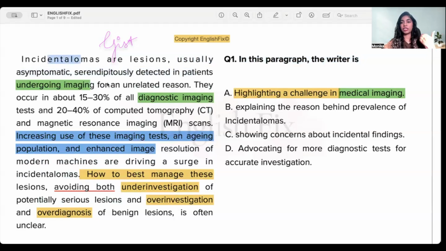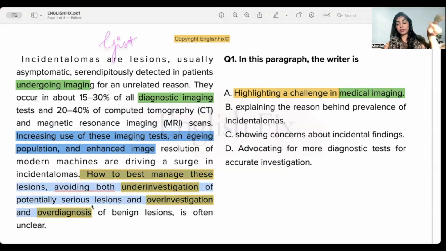First, the definition, then how common they are, then talking about their prevalence increasing because of this reason. Now, the reasons here are these enhanced imaging and the increasing use of these imaging tests. Then an additional reason is the aging population. And then we are figuring out a problem in this imaging. So first of all, they told me this is the reason.